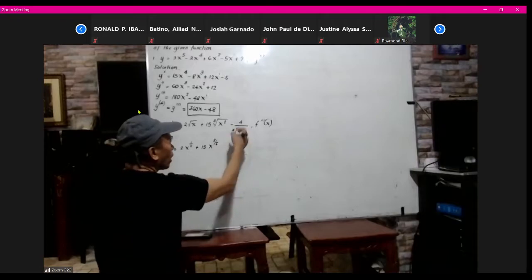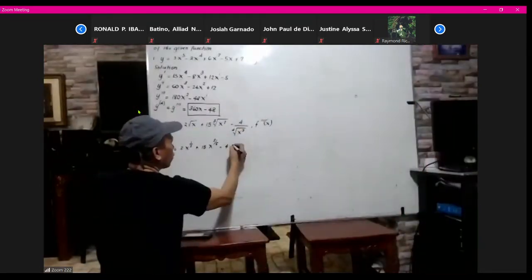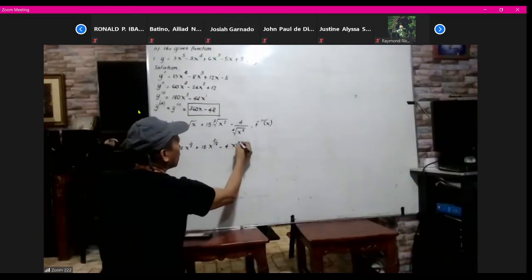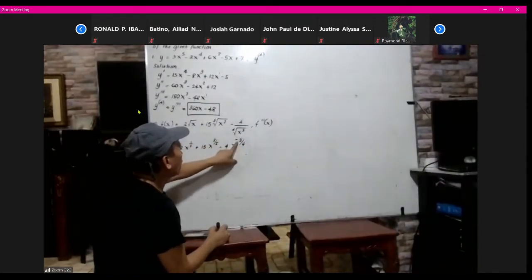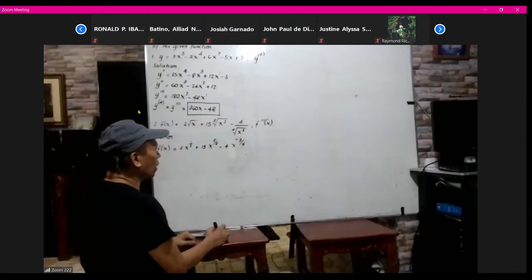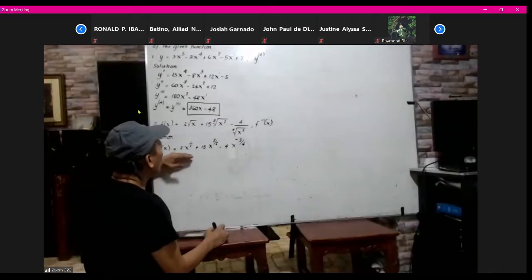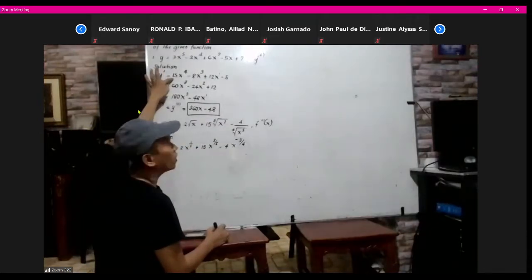Then, ito iangat natin, minus 4. Pwede natin iangat ito, magiging x raised to negative 3 over 4. So yun ang ibig sabihin. Bakit naging negative? Kasi ito nasa baba. Kapag inangat natin, magiging negative siya. Okay? Madali na lang siya.